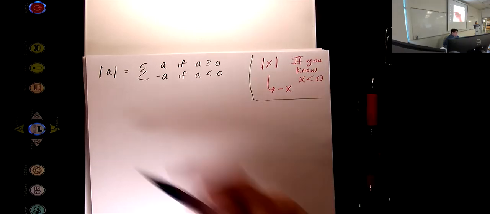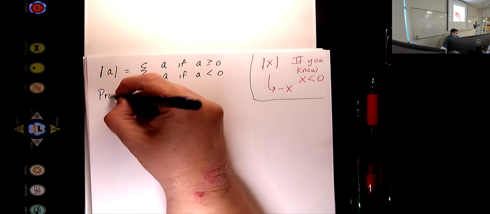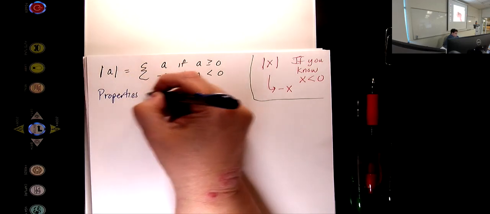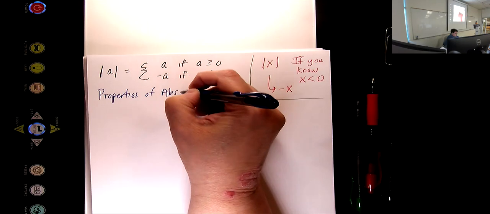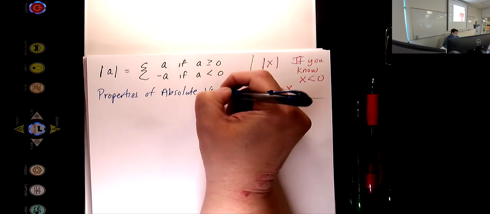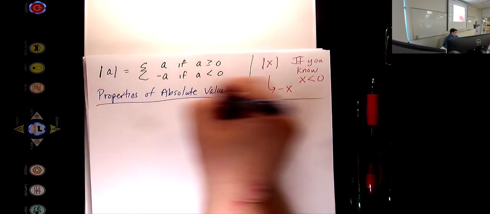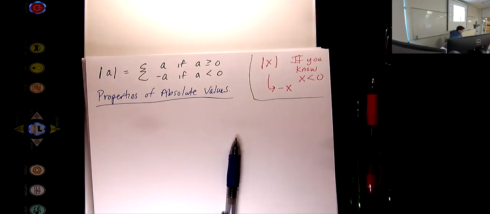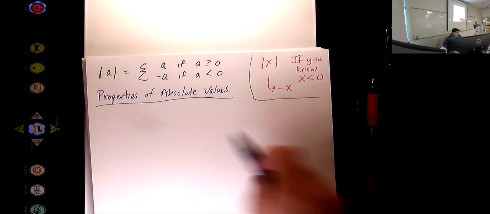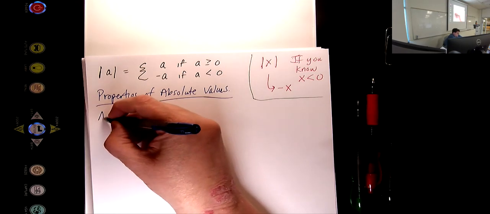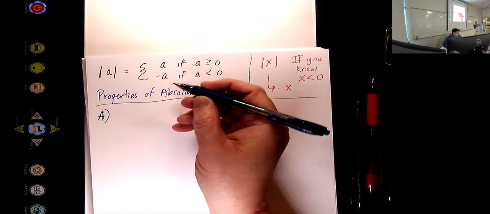So what are the properties of absolute values? Let's go with A. I could number them, but I like letters.